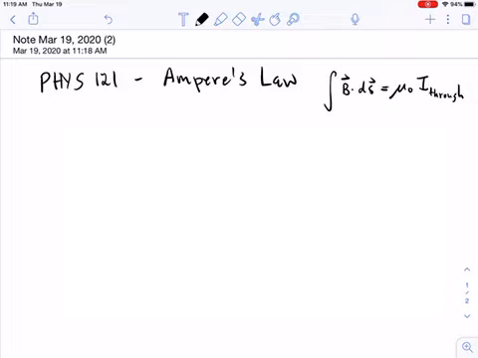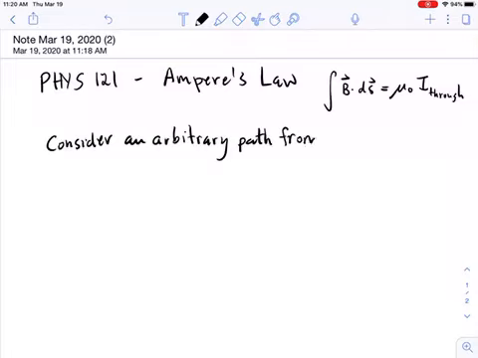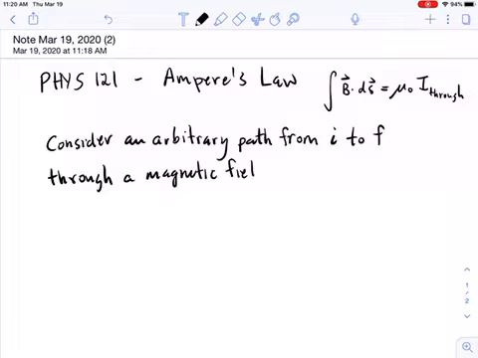Okay, so the start is to consider following some kind of arbitrary path through a magnetic field. So we're going to consider an arbitrary path from some initial point I to some final point F through a magnetic field B. Let's imagine some magnetic fields, and I'll draw these magnetic field lines.